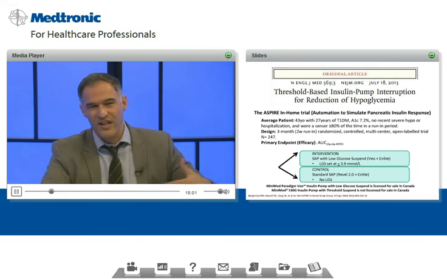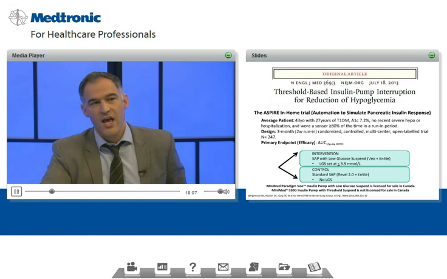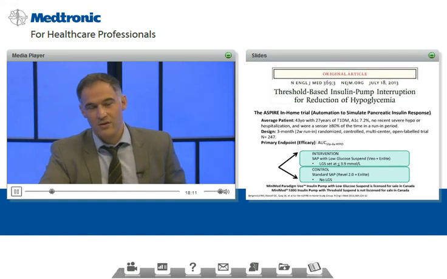Quite a few people fell out of this study because they didn't adhere to the sensor fully, but there was still a very big proportion that did. It was a 3-month randomized controlled study, multi-center, and of course open-labeled. The primary efficacy endpoint here was not A1C improvement, it was the area under the curve for overnight hypoglycemia from 10 p.m. to 8 a.m.